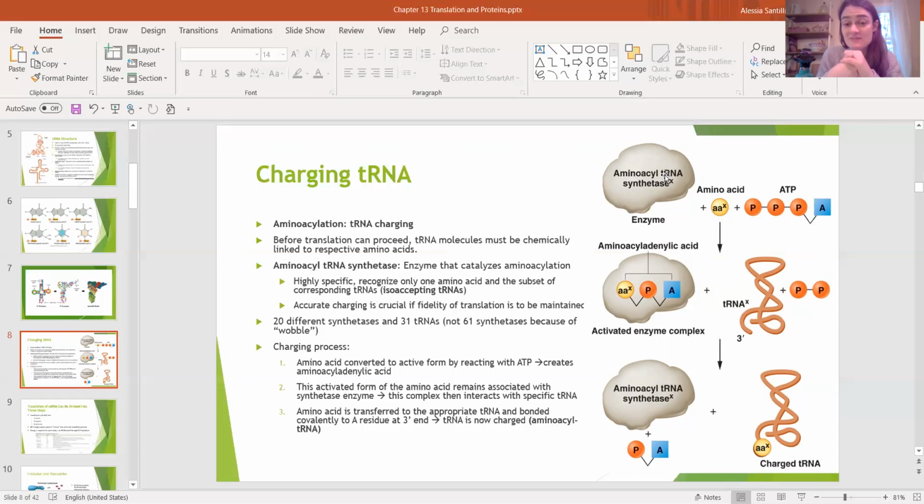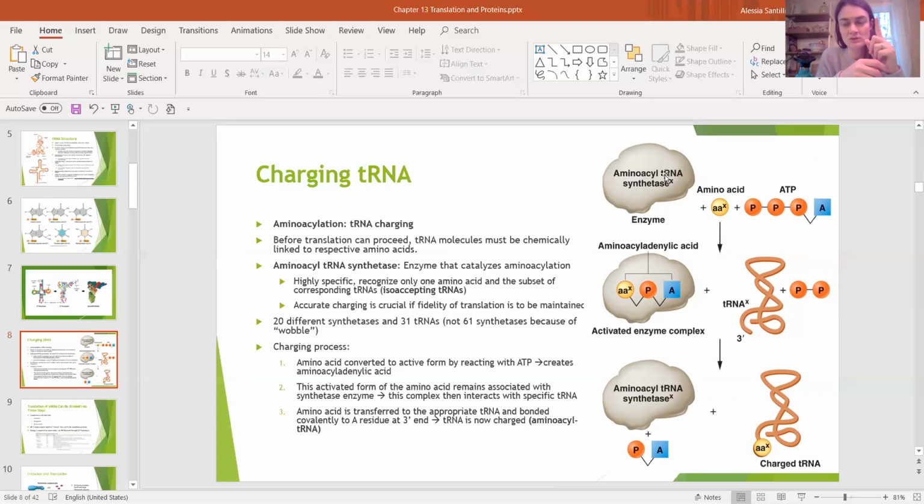It's highly specific. It recognizes only one amino acid and then a subset of tRNAs with their subset of anticodons that are complementary to that subset of codons that code for that amino acid. Because remember, the genetic code is degenerate, right? And so sometimes we have multiple codons that code for one amino acid. So if you remember, leucine has 6 codons.